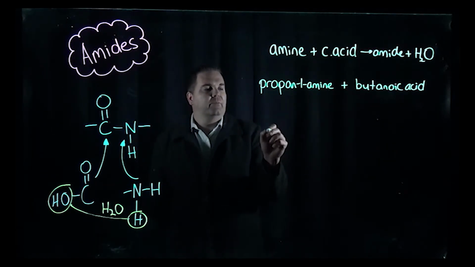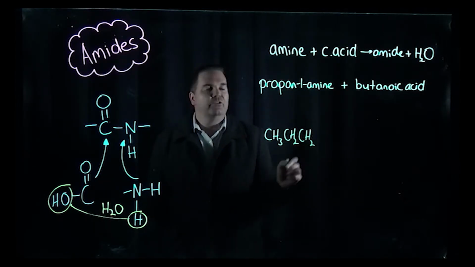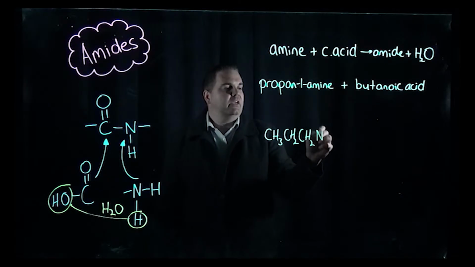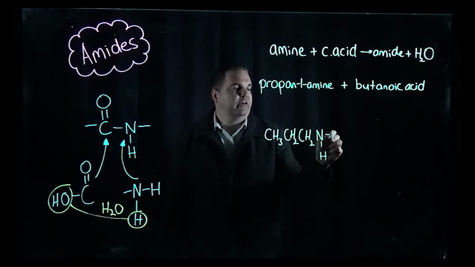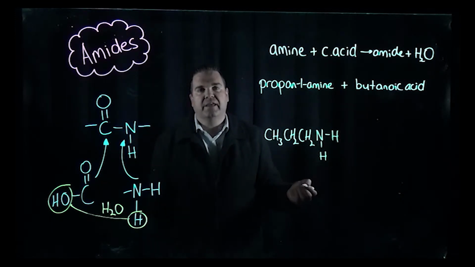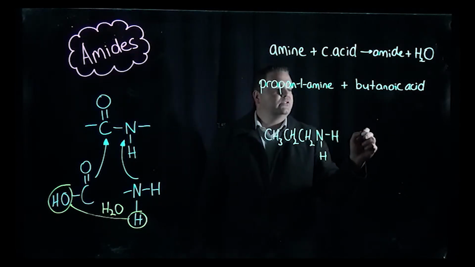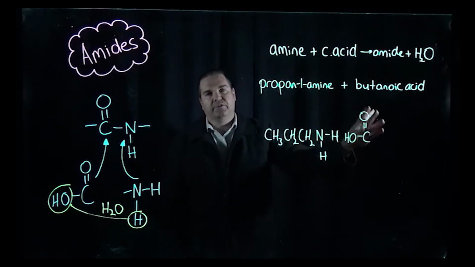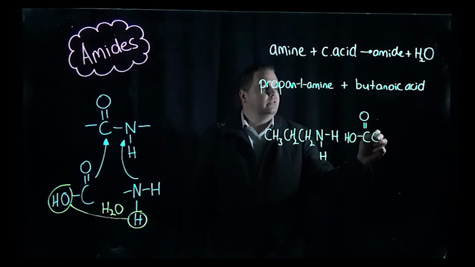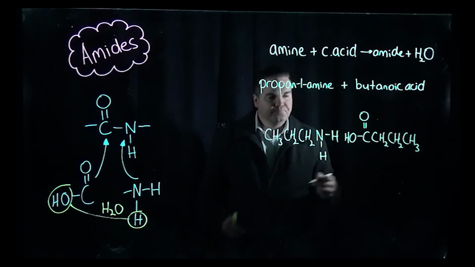So we've got propanamine, CH3, CH2, CH2, the three carbons in there, and then the amine I draw with the functional group expanded out a little bit. And then butanoic acid, I do it with the functional group coming towards the other one. So there's the carboxylic acid functional group there, and then we need three more carbons here to make this into a butanoic acid.